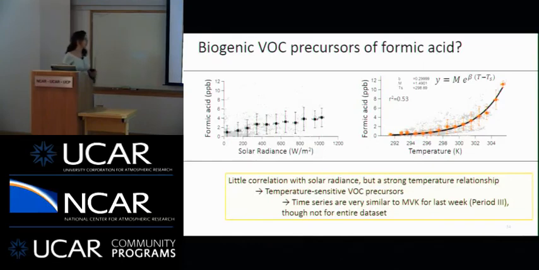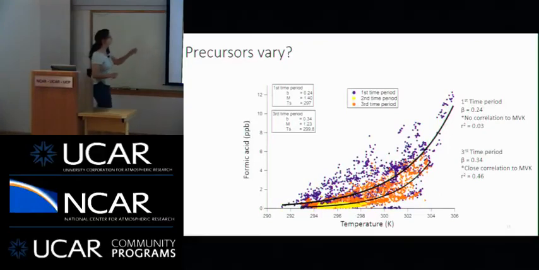The time series suggests that the first time period has one temperature correlation, and the last time period has a slightly different temperature dependence. I'm not entirely sure how to interpret that, as to whether there are different biogenic precursors or if this is all just in the noise of the data.